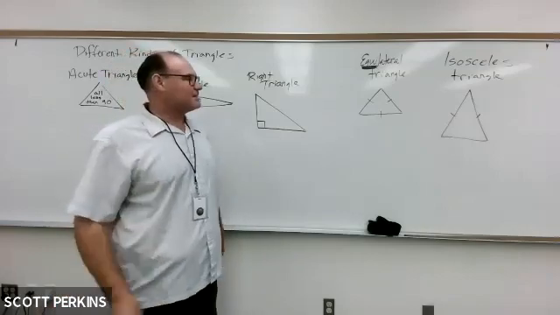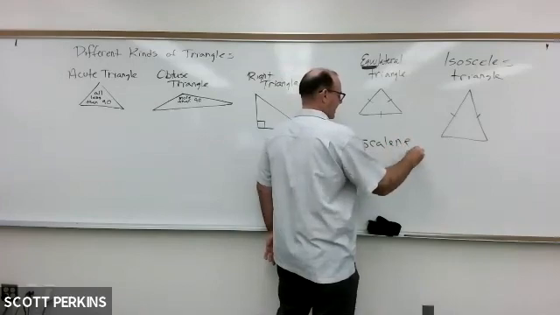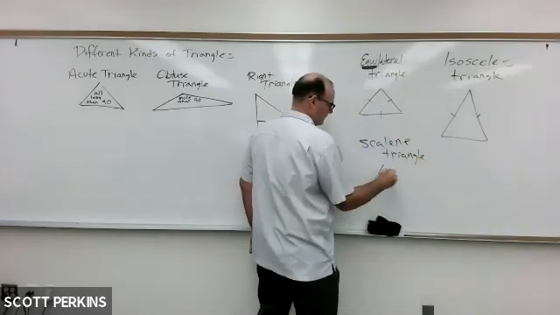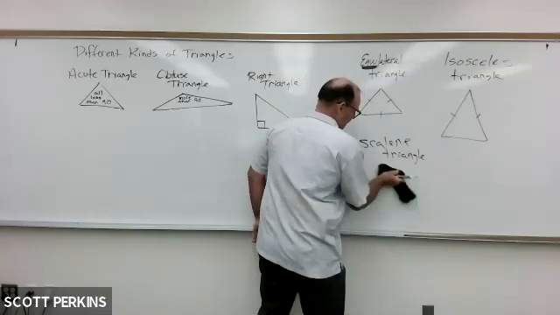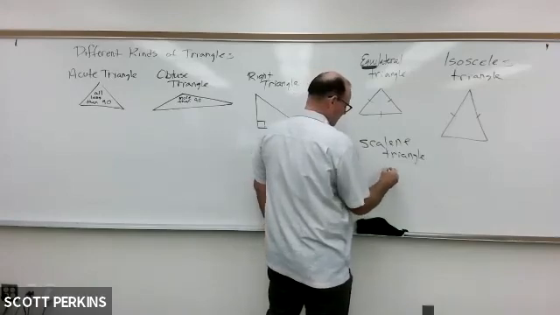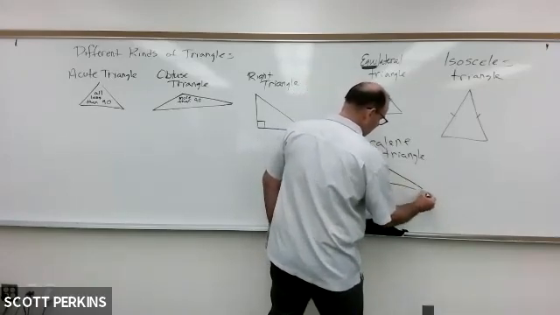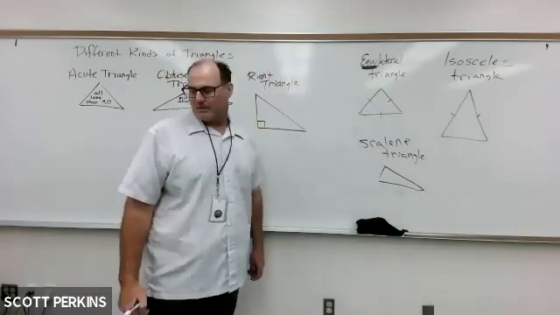And last but not least, if none of the sides are equal, it's called a scalene triangle. Now people just gotta label everything. So it's surprisingly hard to draw a scalene triangle. That's gonna be good enough. I think all the sides are different lengths there, but there it is.